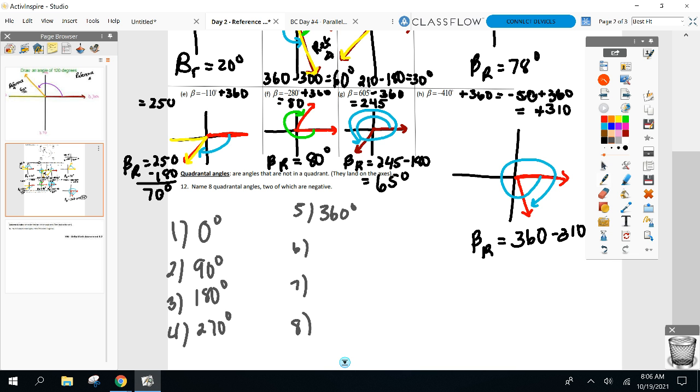Negative 90. Negative 180. Negative 270. 450 is on the line, right? You go past 360, 90 more degrees, you get 450. There you go. A quadrantal angle lands on the axes. All good?